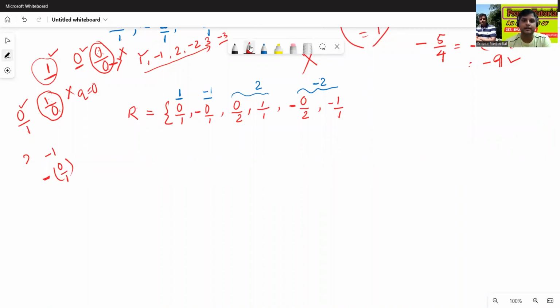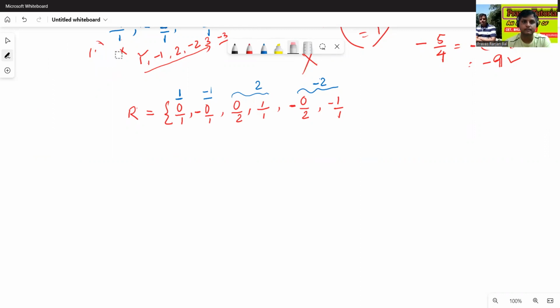So how to get three? The values are 0 by 3, 1 by 2, and 2 by 1.